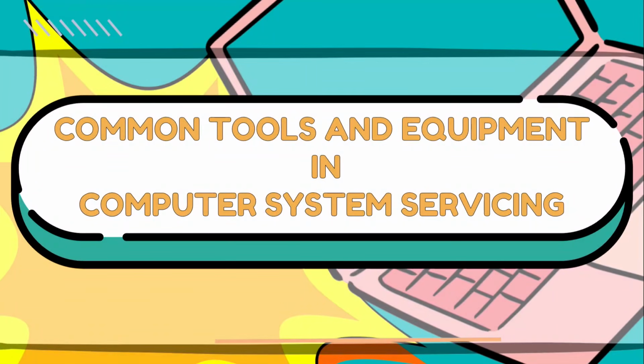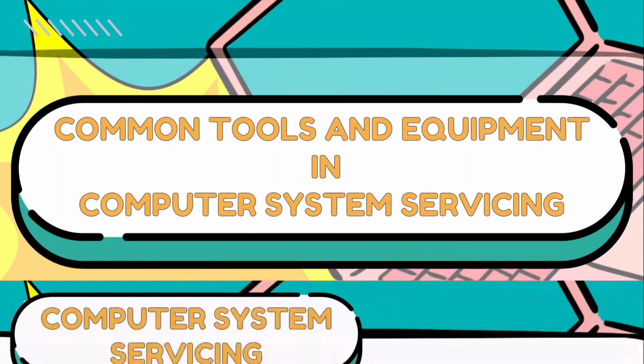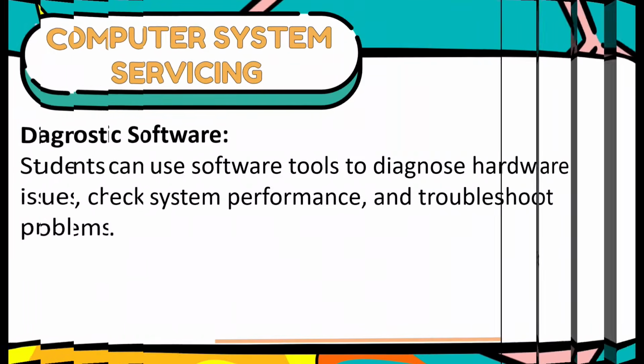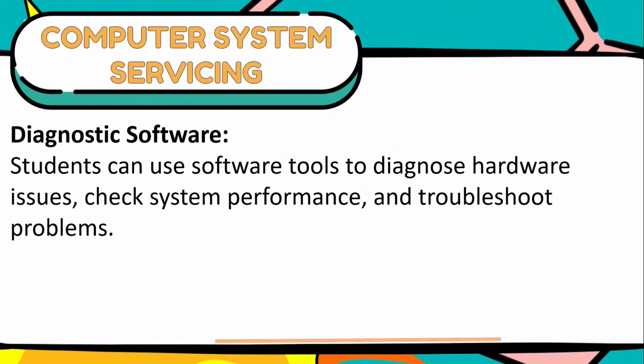Common tools and equipment in computer system servicing. Hand tools. When servicing computers, students need tools like screwdrivers, pliers, and anti-static wristbands. These tools help with hardware installation, repair, and maintenance. Diagnostic software.